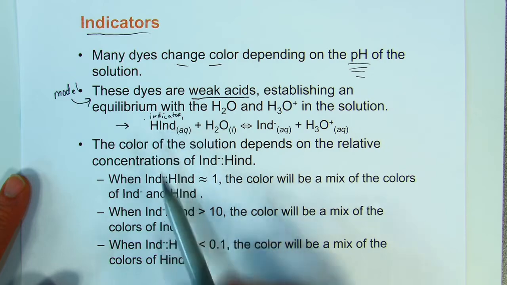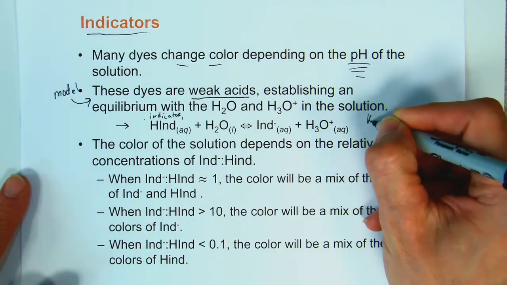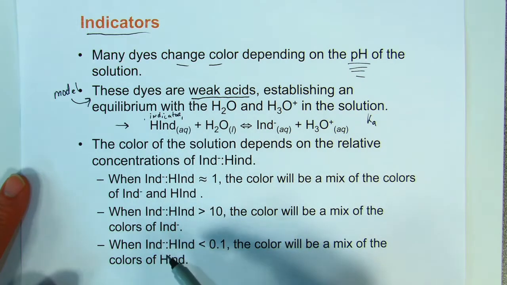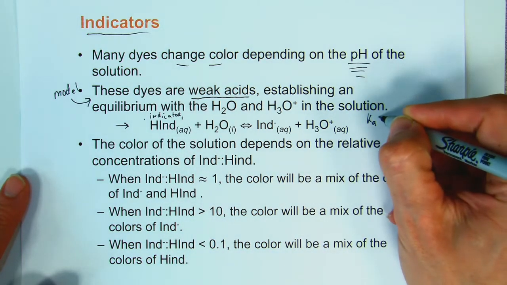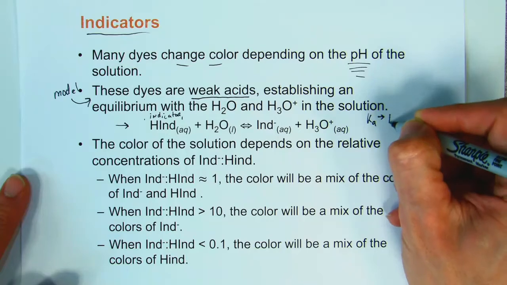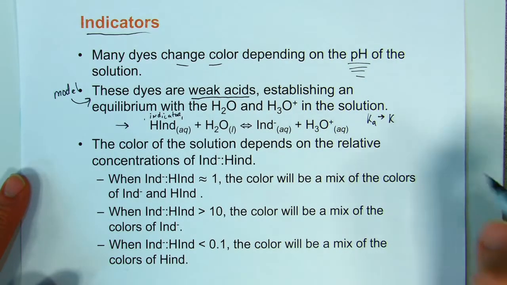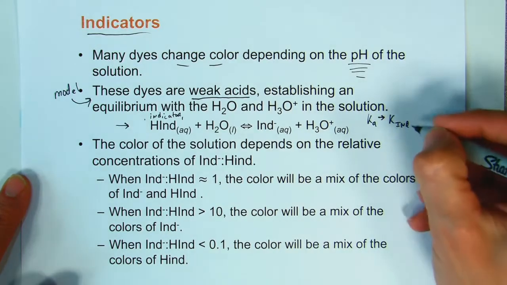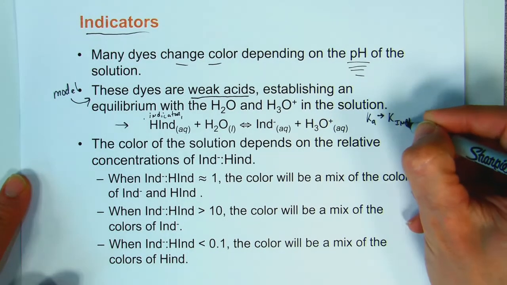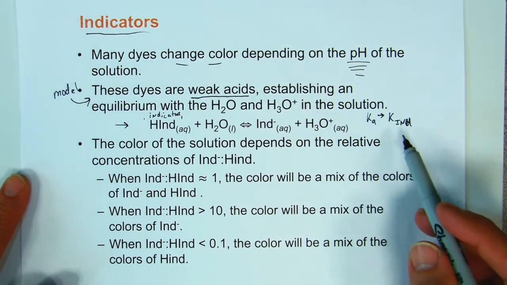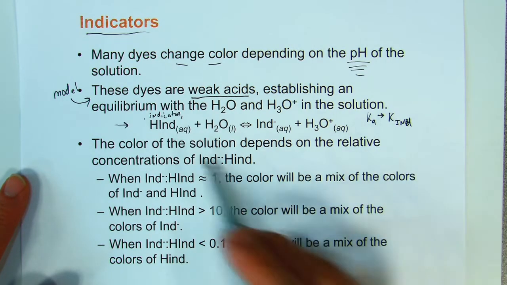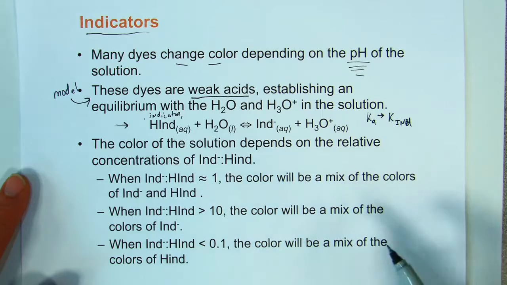This reaction is almost like the Ka reaction for our weak acid indicator, isn't it? But because we're dealing with an indicator compound, instead of calling it just a generic Ka, I might choose to call it KInd, for our indicator Ka. So it's nothing more than the Ka for the indicator.